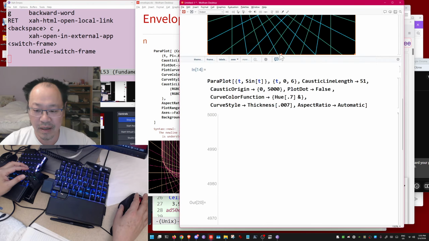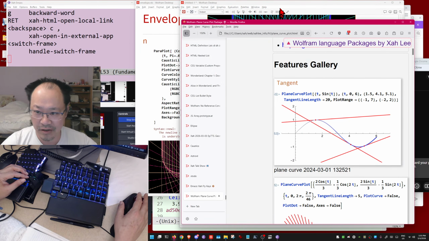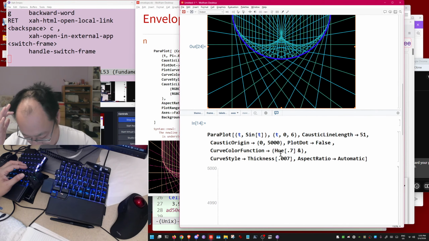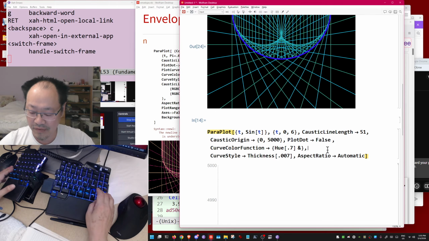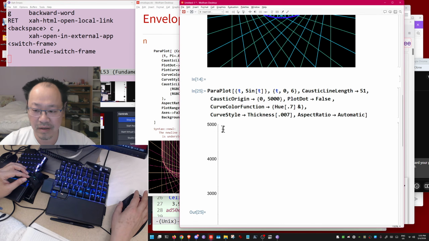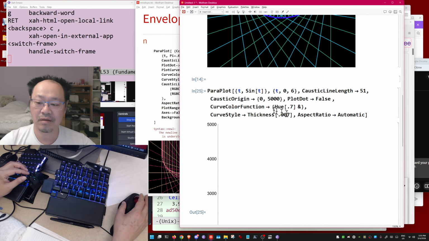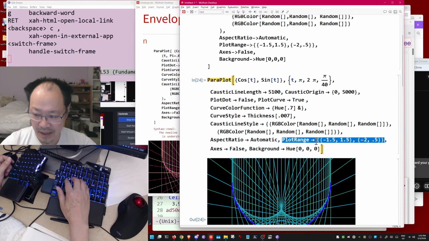So anyway, we are trying to illustrate normals and tangency. We are trying to explain what a normal is. So what do we have here? Shift enter. So why are we plotting all these? Oh, you need a plot range. Copy that.